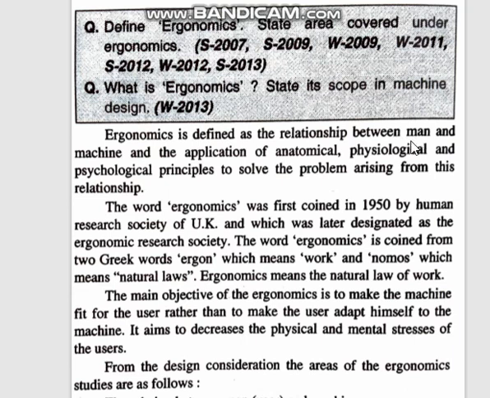So there is a man and a machine. If you are driving a truck, there is a man and there is a machine. If you are operating a control system, there is a man and there is a machine. Most of the machines, unless they are fully automatic machines, are man-machine systems.